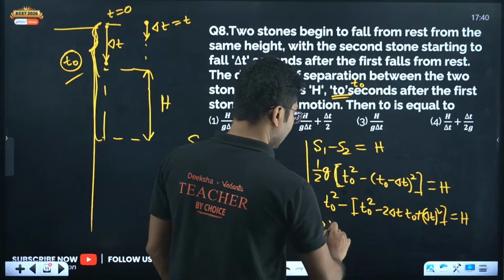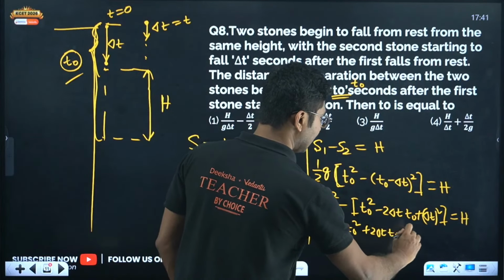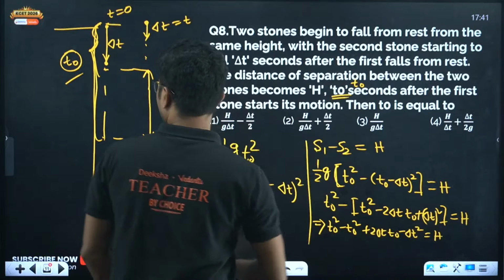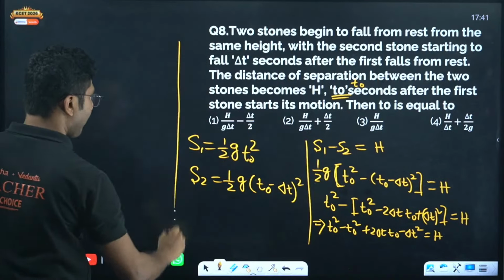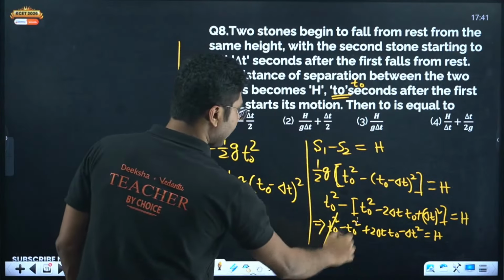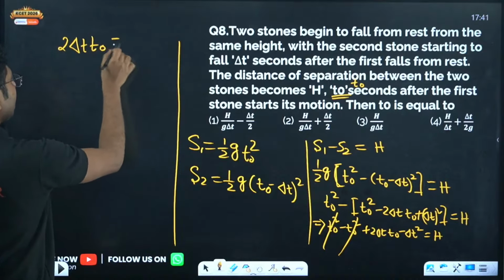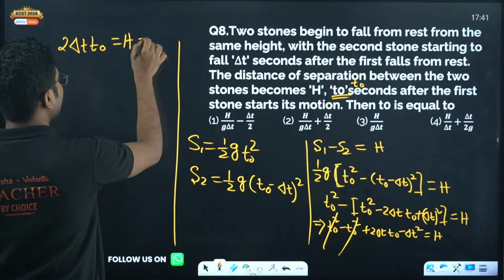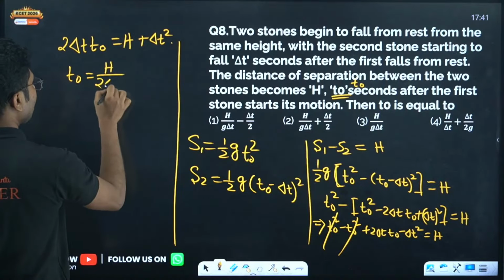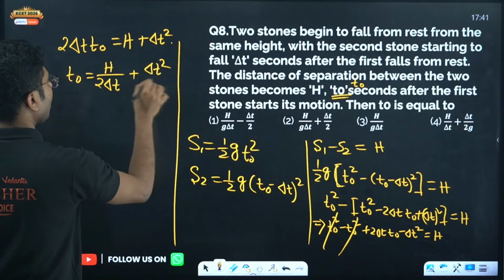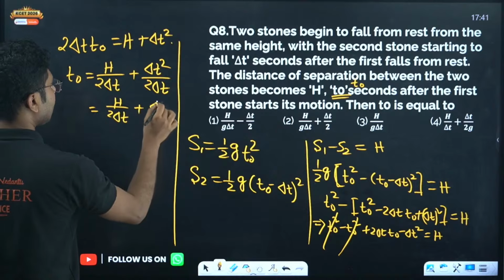You will get t naught square minus t naught square plus 2 delta t t naught minus delta t square equals H. So t naught square cancels and you get 2 delta t t naught equals H plus delta t square, or t naught equals H divided by 2 delta t plus delta t square by 2 delta t, or H by 2 delta t plus delta t by 2.